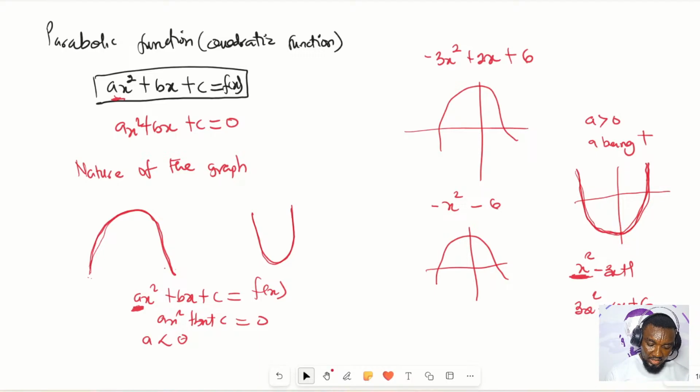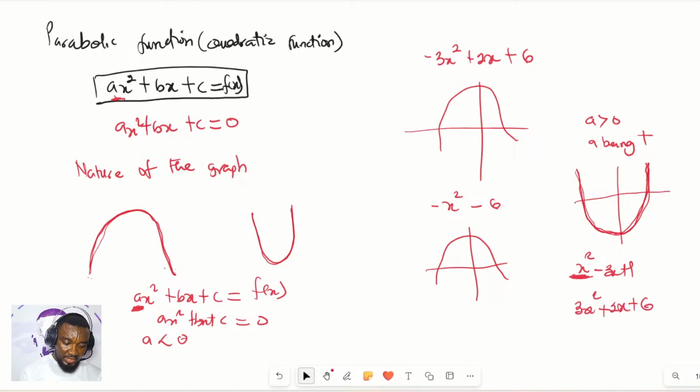For parabolic functions, they are either curved one way or the other, depending on the type of a that we have. I hope this is very clear.